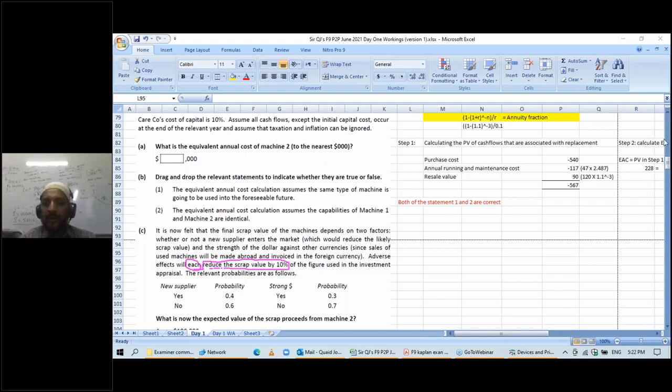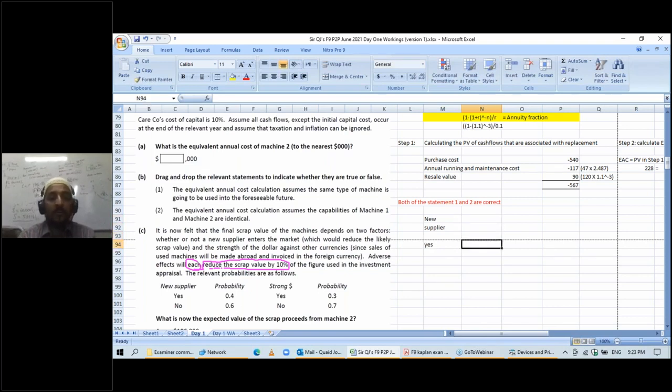So let's make a working on it. See, there are 4 possibilities in this case. Let me tell you about the 4 possibilities which are present in this case. The first possibility is that the new supplier enters the market.